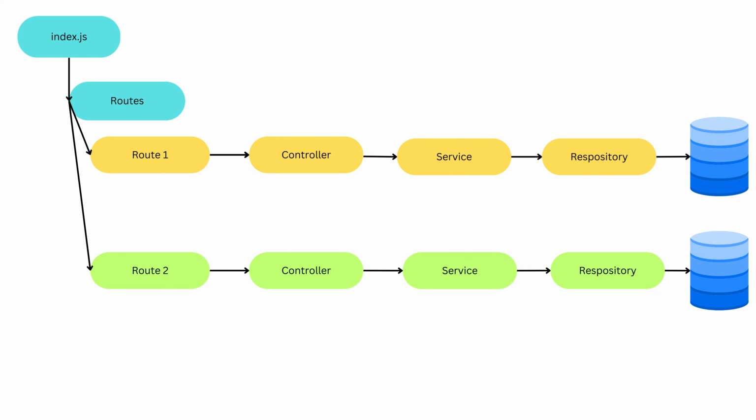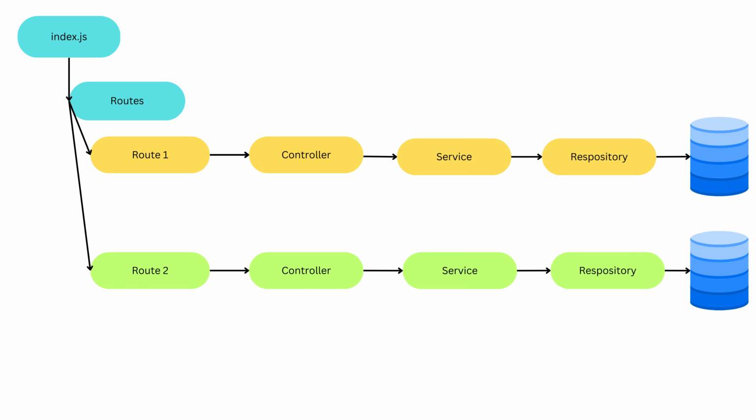As you can see here, the starting point of our application is index.js, and then we have a routes folder where we have defined multiple route handlers. From there, we can define controller, service, and repository folders.